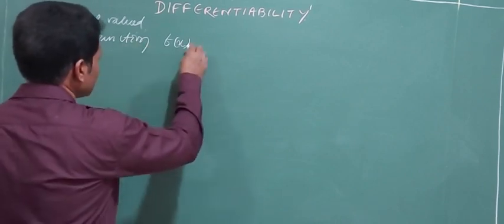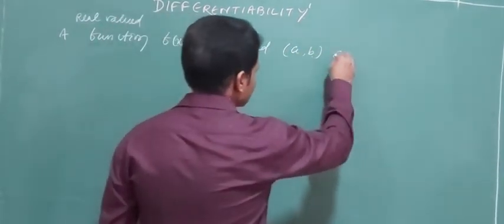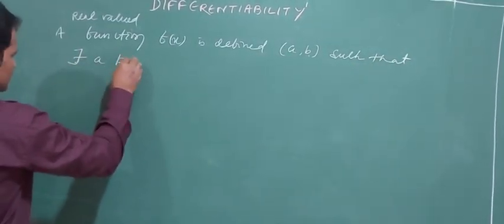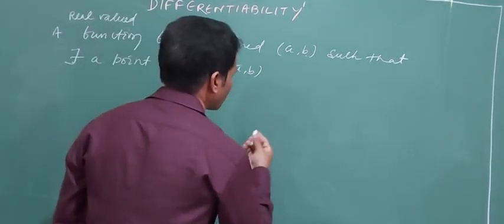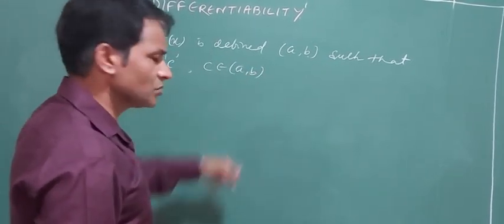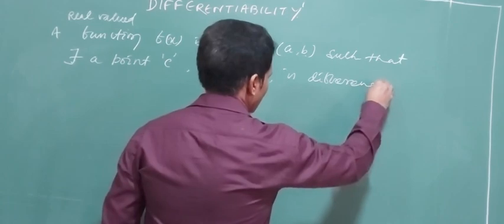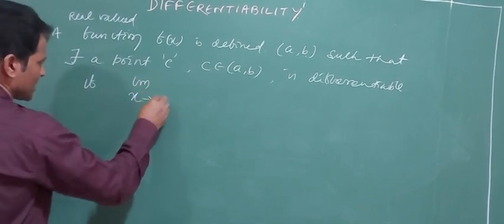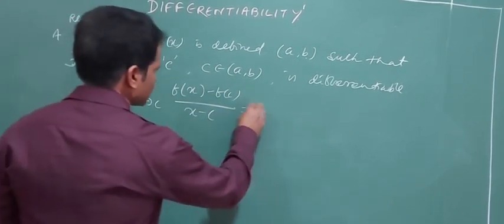A real valued function f(x) is defined in open interval (a, b) such that there exists a point c belongs to open interval (a, b) is differentiable if limit x tends to c of (f(x) minus f(c)) by (x minus c) exists.